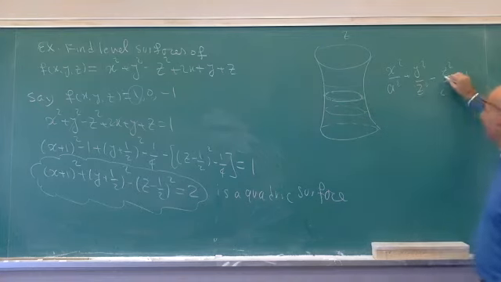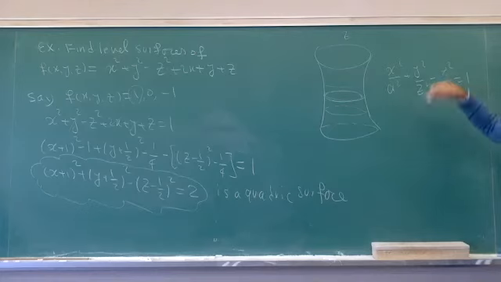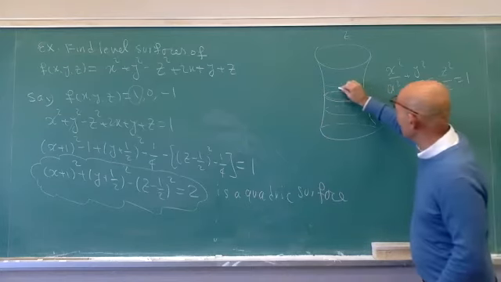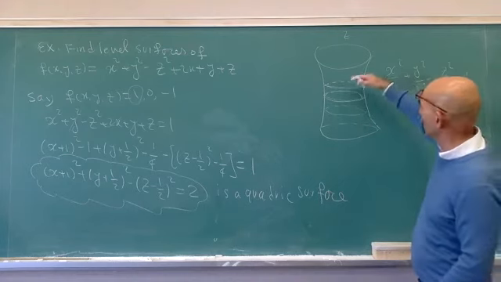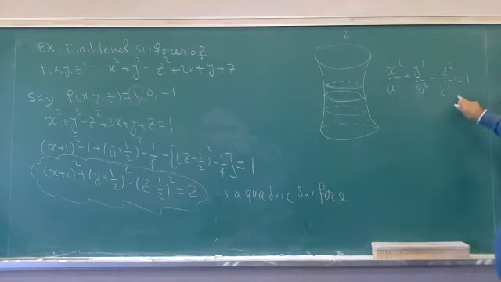And then as z grows, I think you wanted b instead of a under y squared. Yes, absolutely, thank you. So we have these ellipses, a family of ellipses that grows.